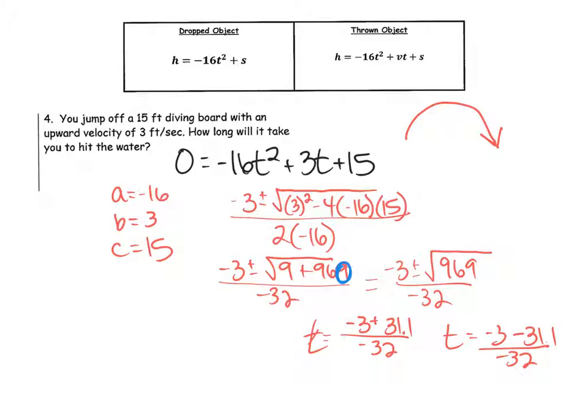Let me do the math for you and tell you what it is. T equals negative 0.8 of a second. It's a negative answer. That's obviously not going to be jumping off of a diving board. Negative seconds. No, that's not it. My other answer when I work this out is 1.06. So 1.06 seconds after I leave the diving board is what I'm going to have. All right, go ahead and copy that down.